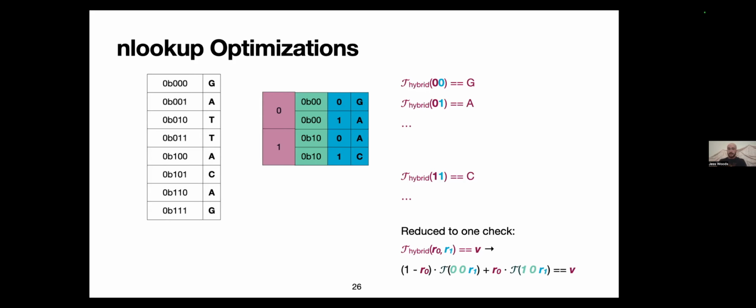This generalizes to any number of disjoint chunks in the table. In fact, you can even have chunks from different tables. In that case, the verifier would say, okay, this first chunk comes from table T at T00, and this second chunk comes from a different table, table F at F10. And that's totally fine. That works out.